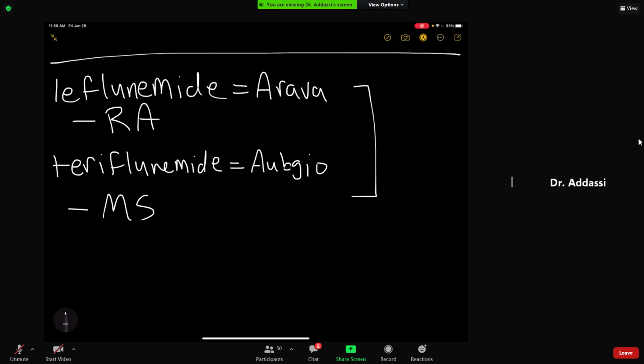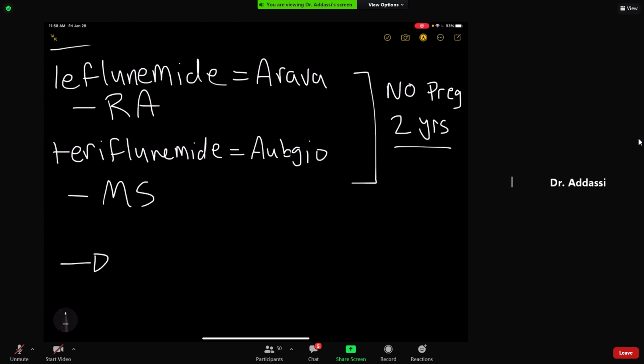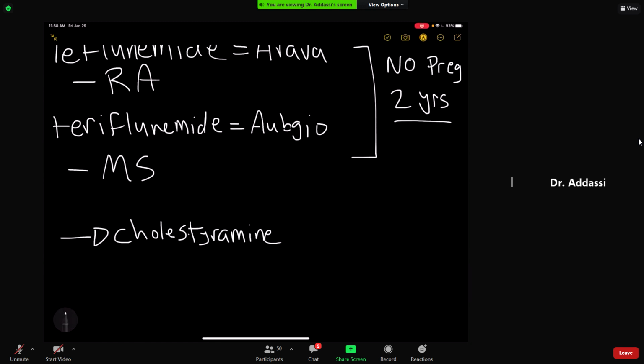So if a patient has been on this and stopped, they cannot be pregnant for 2 years. However, if they want to get pregnant sooner than that, they can use cholestyramine to wash out the drug so that it'd be safe for the patient to get pregnant.